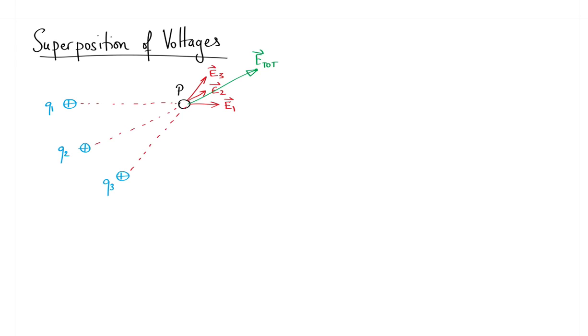And from before, we know E total is just the vector sum of all the individual vectors, so in this case, E1 plus E2 plus E3. In general, it would just be a sum over however many individual charges you have in your system. So if you had n charges, you'd sum over i, calculating just E sub i. We learned this a little while back.